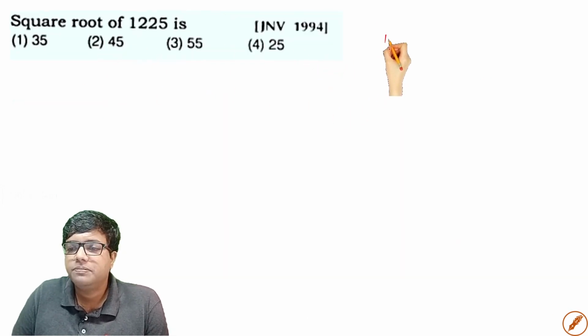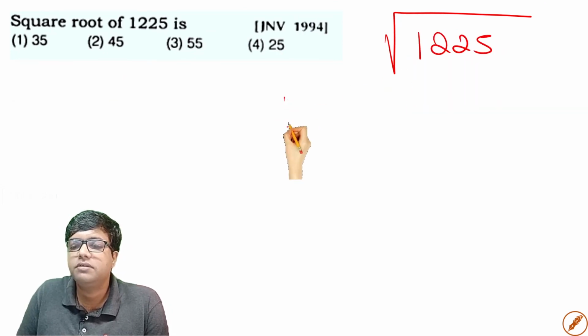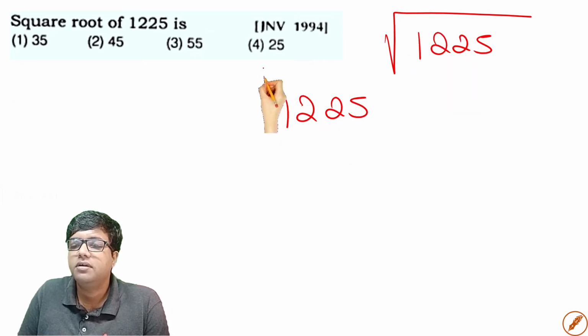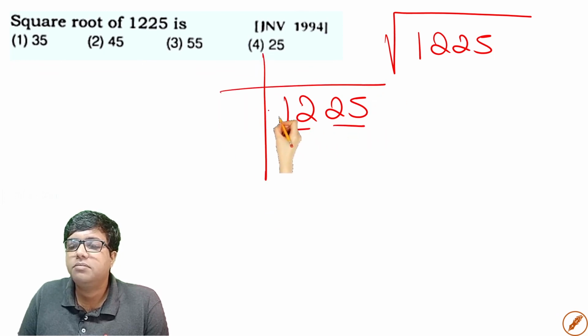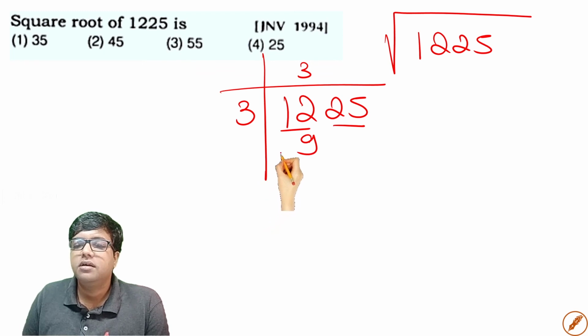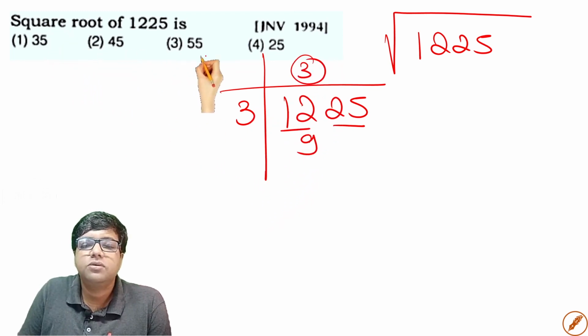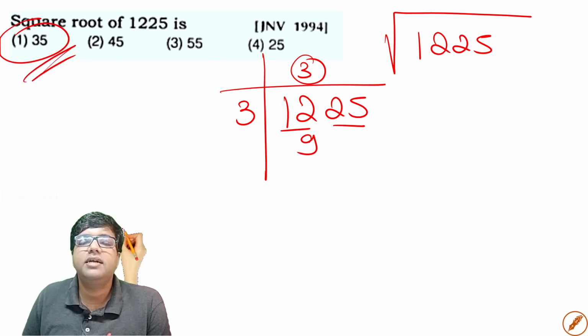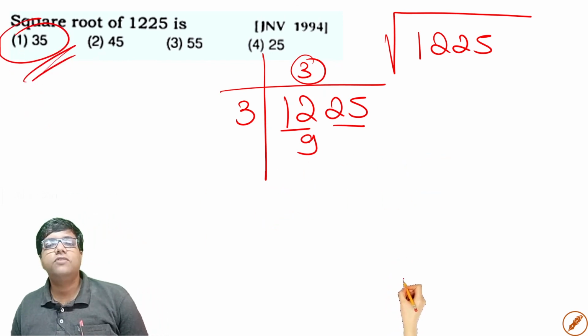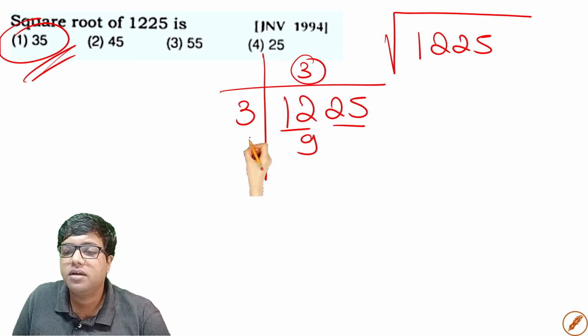Square root of 1225. Let's do the division method. 1225, and pair them up. 3 3s are 9, right? So 3 3s are 9. Immediately the first digit will come as 3. So you can directly mark option 1 as the right answer. You don't have to go further. This way you can save time. Okay, anyways, 3 3s are 9.